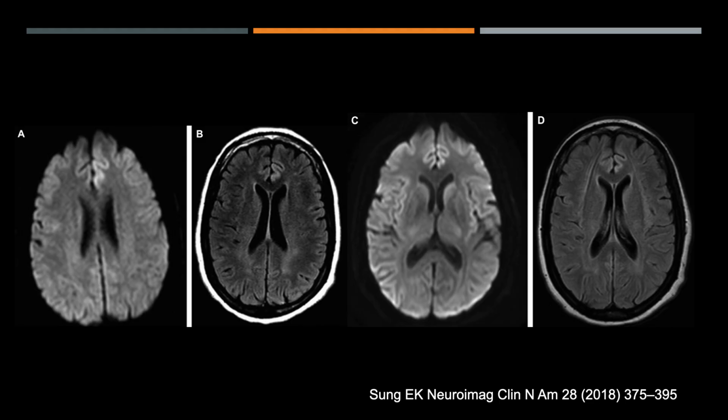This is a patient with status epilepticus, and with status epilepticus, we can have restricted diffusion in cortex. It can be from the encephalitis, or it can be just from status epilepticus, and sometimes both exist.